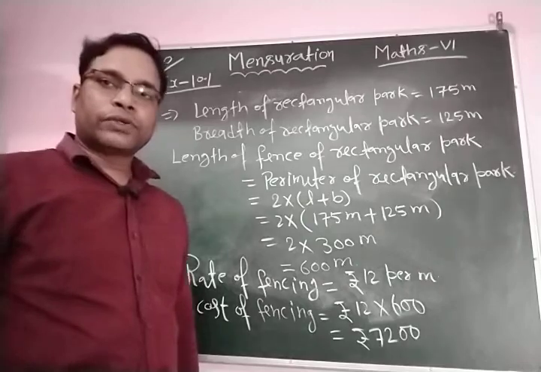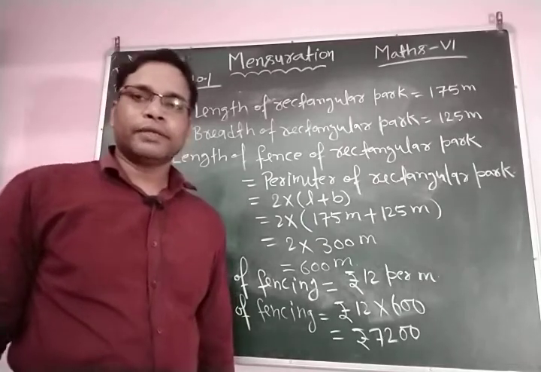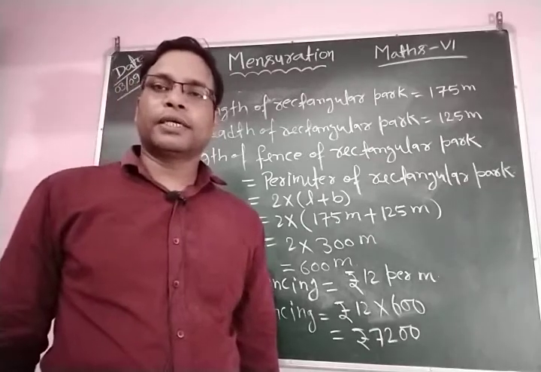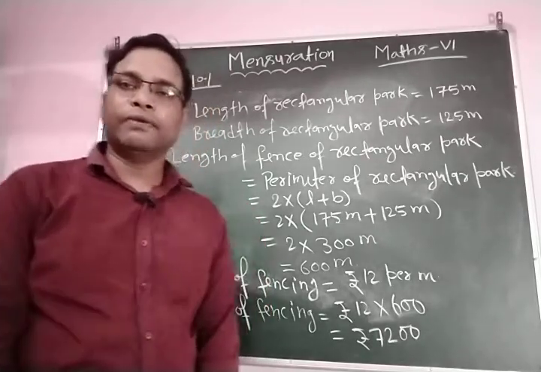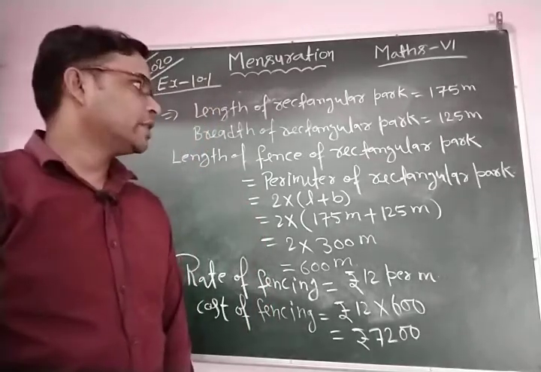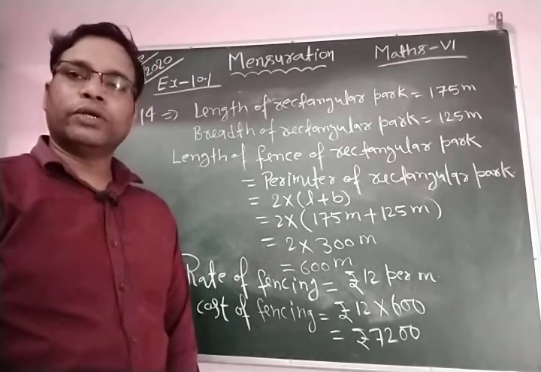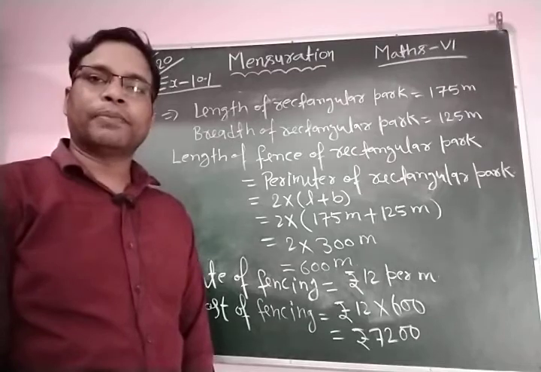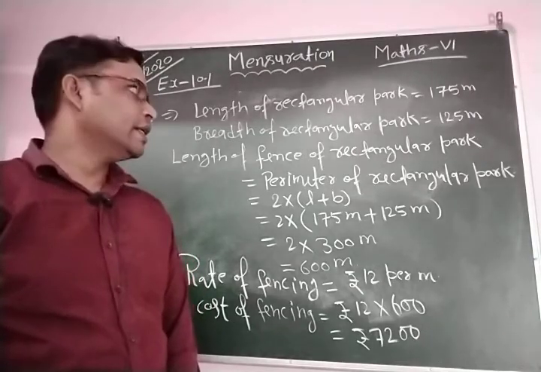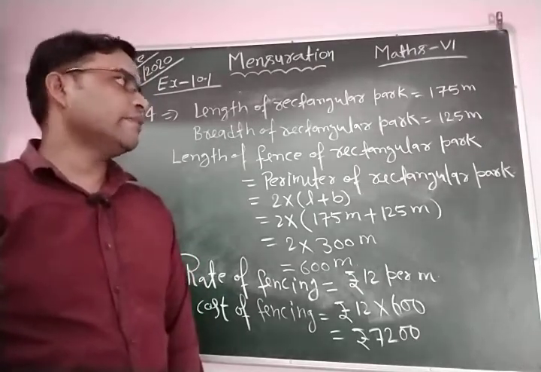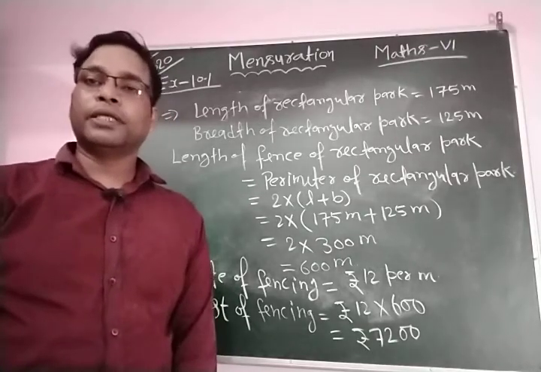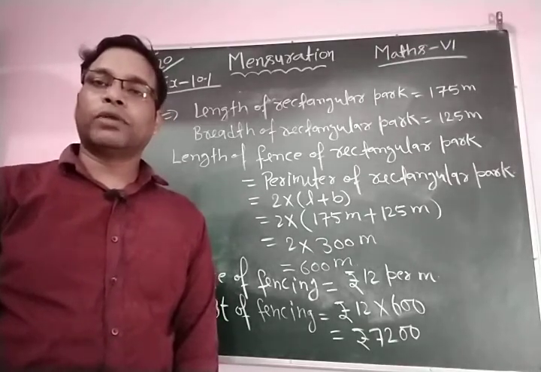So students, in this question we are given that the length of the rectangular park is 175 and the breadth of the rectangular park is 125, and the rate is also given, 12 rupees per meter. We need to find here the cost of fencing. For this, first we find the length of fence of a rectangular park.